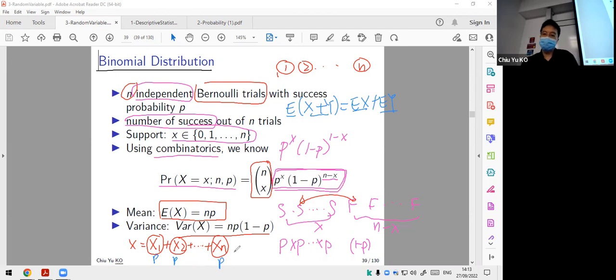If you don't follow the math, it doesn't really matter because you can take it as given, but the idea is very simple.